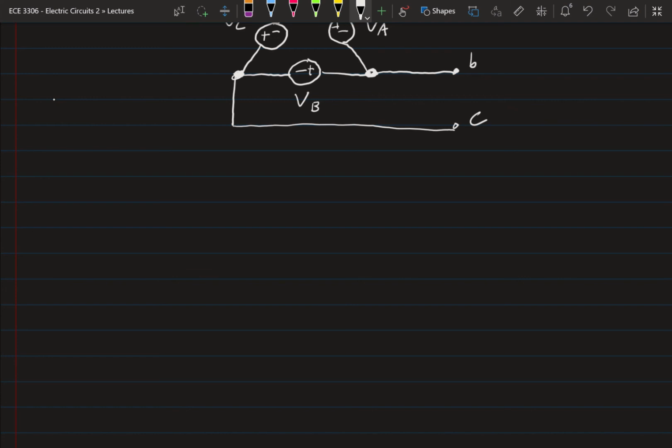And we can connect the sources and the loads both in Y's or deltas. So we get a table here that lays out all of the combinations. We can have a Y source connected to a Y load, a Y source connected to a delta load, a delta source connected to a Y load, and a delta source connected to a delta load.